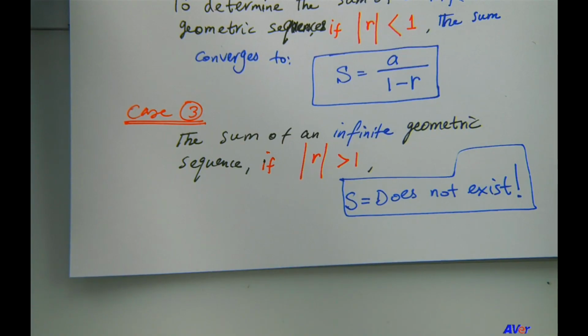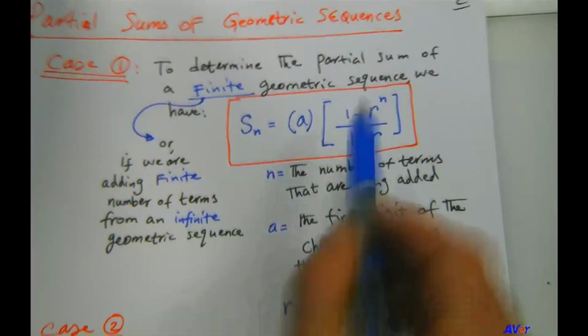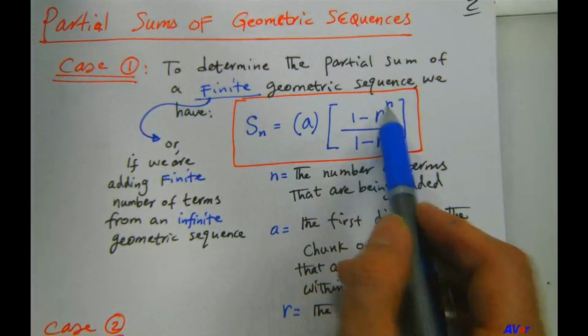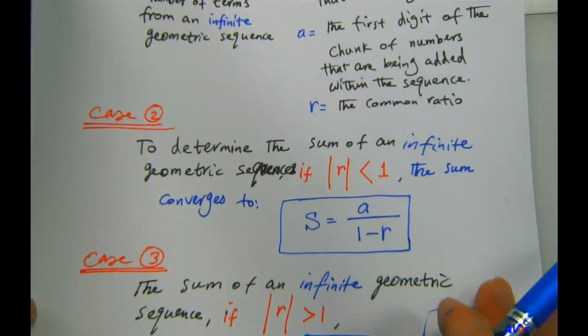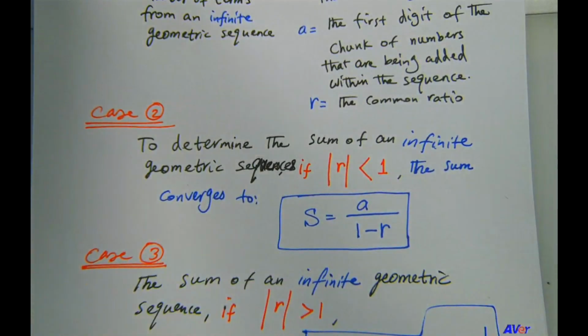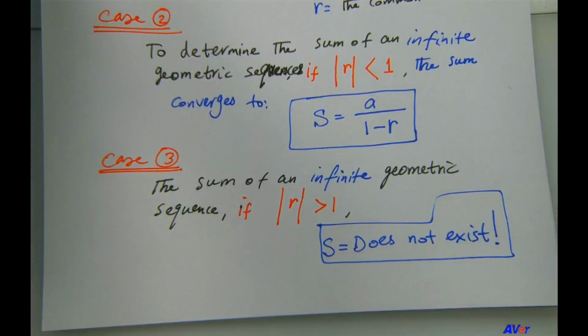It does not exist because the series keeps getting bigger and bigger. Because the absolute value of r is greater than 1, this value keeps getting bigger and bigger, and it doesn't matter how big a number you end up with, there's always a bigger number than that. So therefore, because it's diverging.